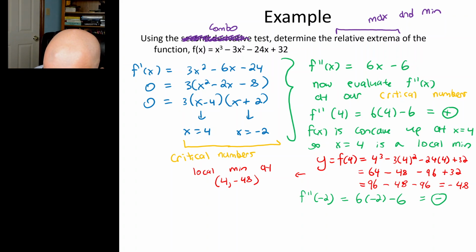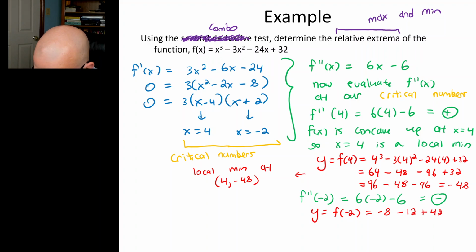Now we're going to plug that into the function. Y equals f of negative 2. So negative 2 cubed, negative 8, minus 12 plus 48 plus 32.